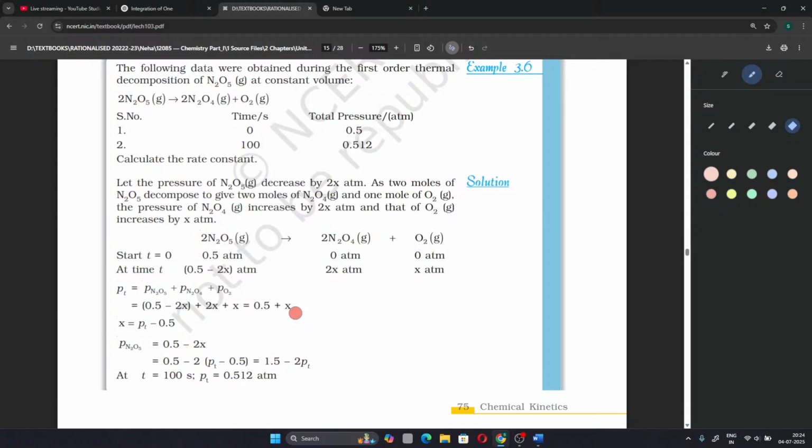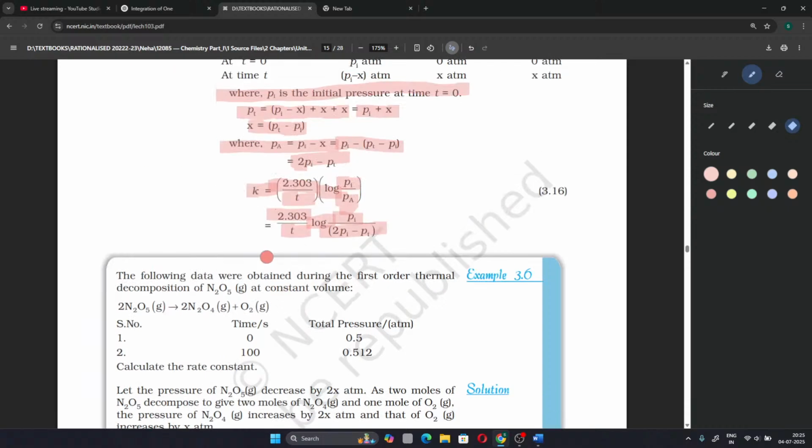At time 0 the total pressure is 0.5 atm, and at time 100 seconds the total pressure is 0.512 atm. Calculate the rate constant k. The direct formula we have is k equals 2.303 by t log of P initial by 2 P initial minus P total.